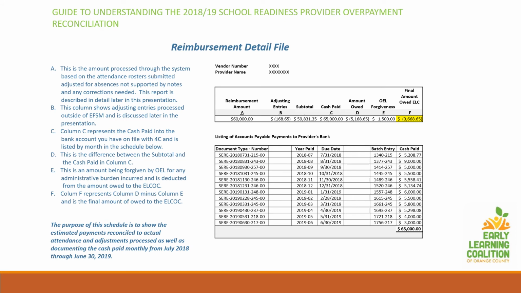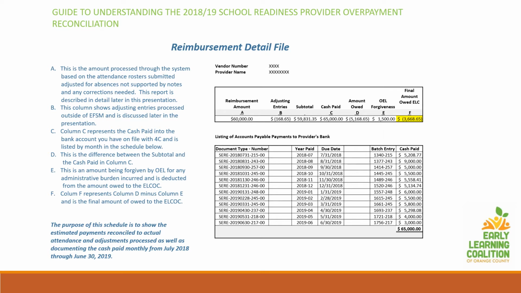So now let's review the individual files themselves. The reimbursement detail file shows you at top the overall reconciliation of all of your attendance and adjustments processed through EFSM, column A. Any adjustments needed that were made outside of EFSM, column B, provides a subtotal.